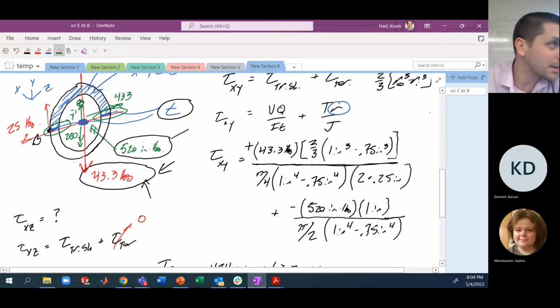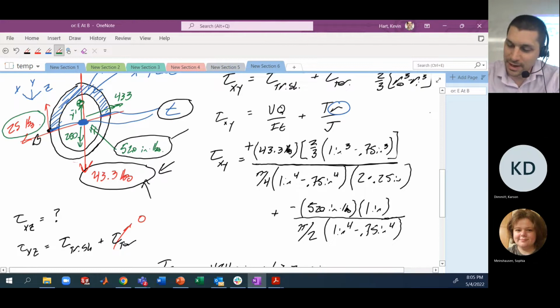So for the force coming across the face in z, this 25 pounds, I would want to define the thickness variable t perpendicular to that load at the point of interest. That is basically a line with no thickness at B. It's a point. I can't really draw a thickness variable there, a t. It would be a point.